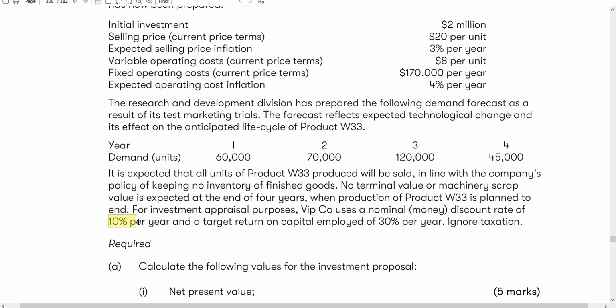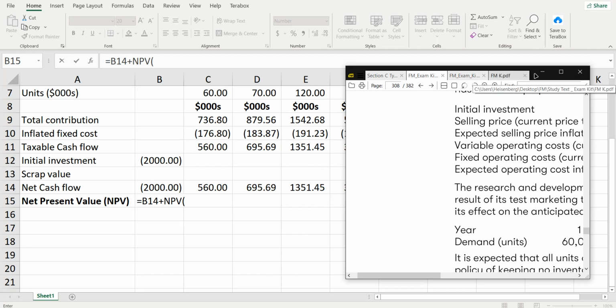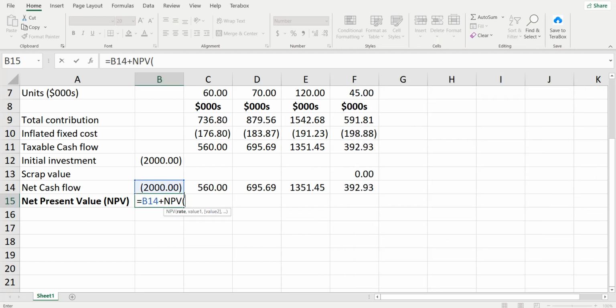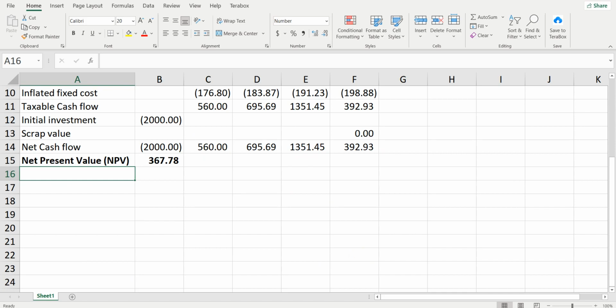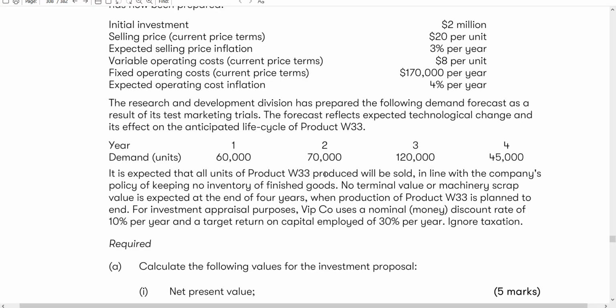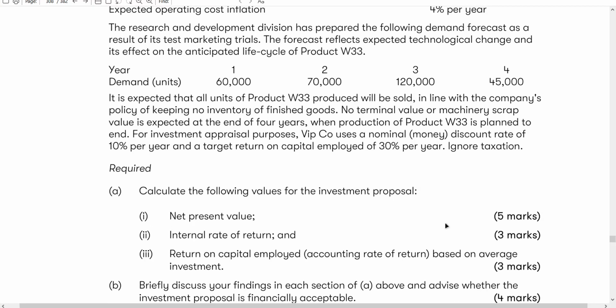So this is our NPV rate. So 10%, you have to write in 10%, then comma, then the rest cash flow bracket close, and we have our net present value. So that is the answer of A, net present value. This is 5 mark.